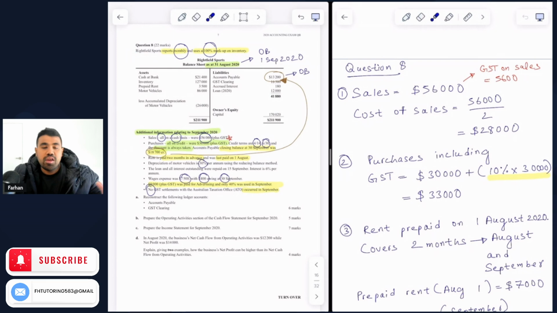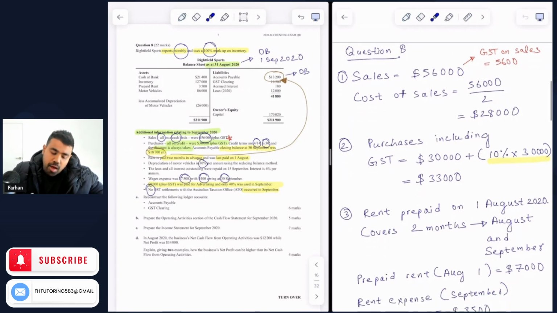So if sales are $56,000, then cost of goods sold is 56,000 divided by 2, which is $28,000. Both the sales and the cost of goods sold are what we will be including within the income statement. That is a requirement for Part C.